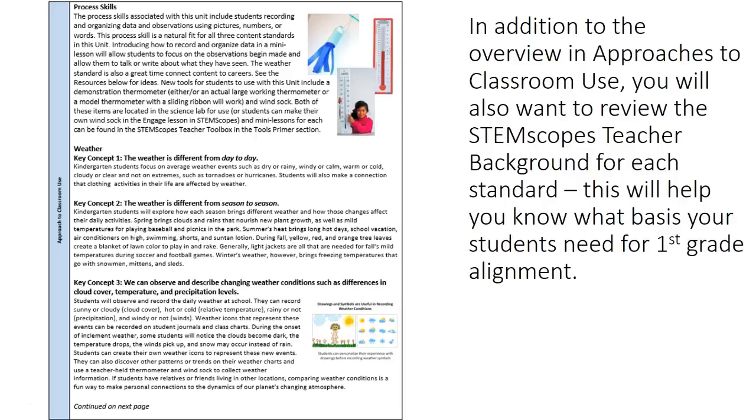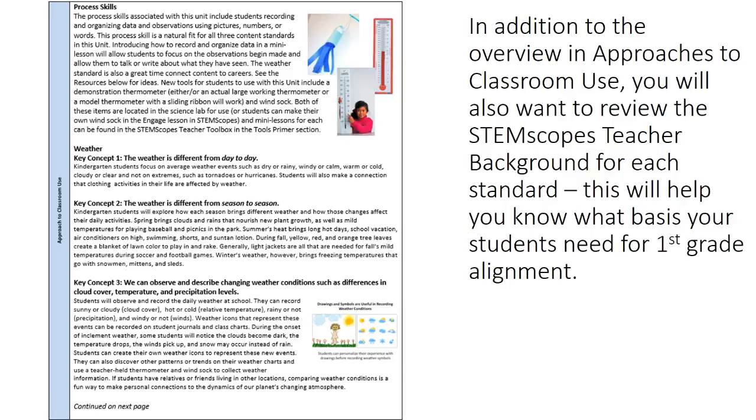The approaches to classroom use, I just have a section on there that talks about the process skills for this particular unit. So I will highlight some of the tools that are to be used for the units that we have in K.4a. One of the things that your students are going to be using for the first time is a demonstration thermometer, and just talks about how that works.